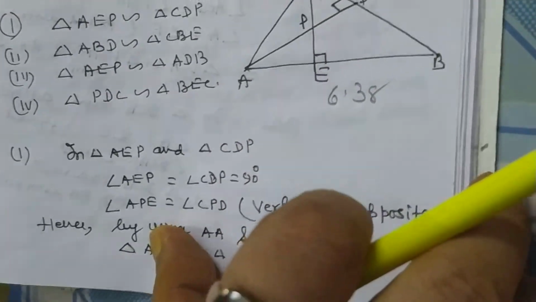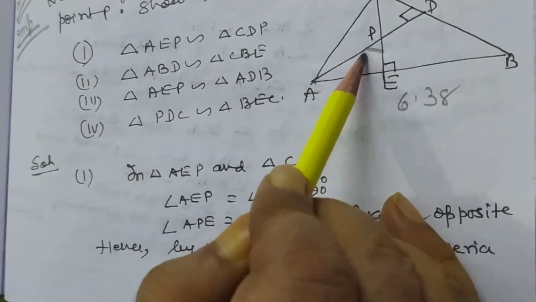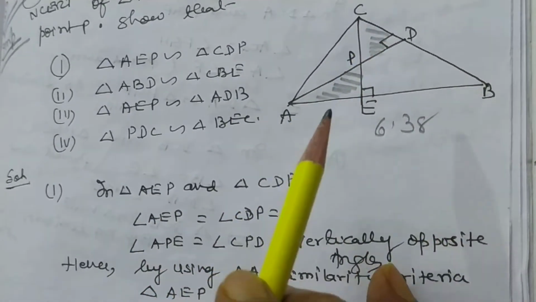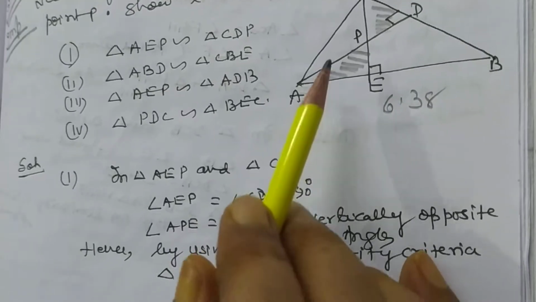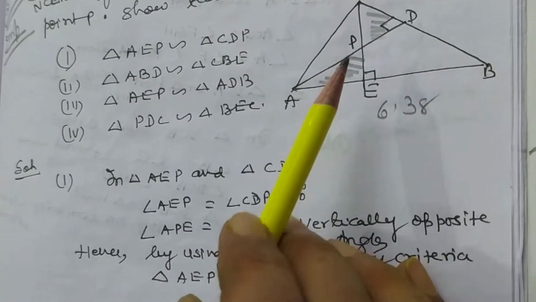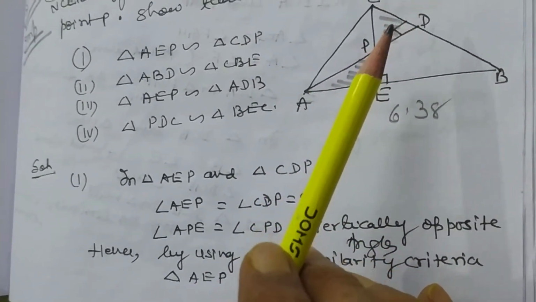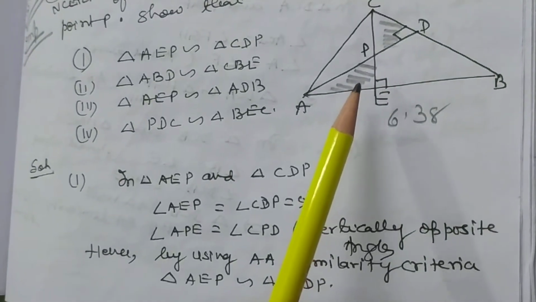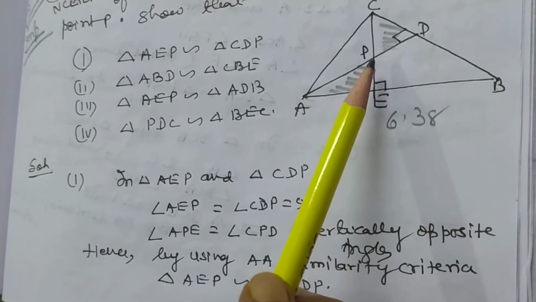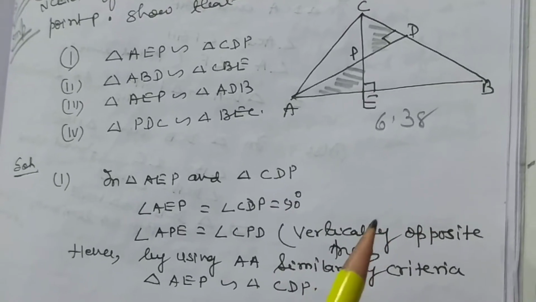Now, see in figure 1, in triangle AEP and triangle CDP, what do you observe? Angle AEP is 90 degrees and angle CDP is 90 degrees, and angle APE is equal to angle CPD, vertically opposite angles.